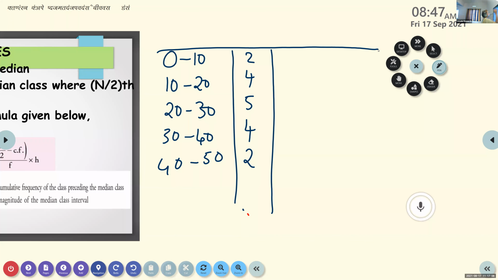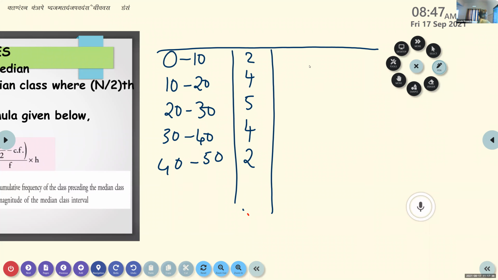What do you have to find next? Just put it in the chat box. What should you do? Okay, N by 2 and CF, both are correct. N by 2, what is N now here?